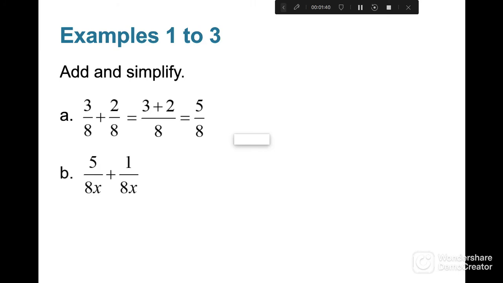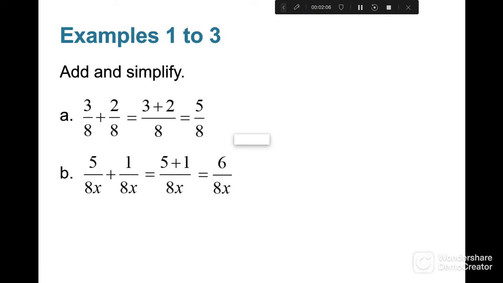The next one is 5 over 8x plus 1 over 8x. Even though there's a variable there, those denominators are the same. So we can just add together those top numbers. And what is our answer? 6 over 8x.